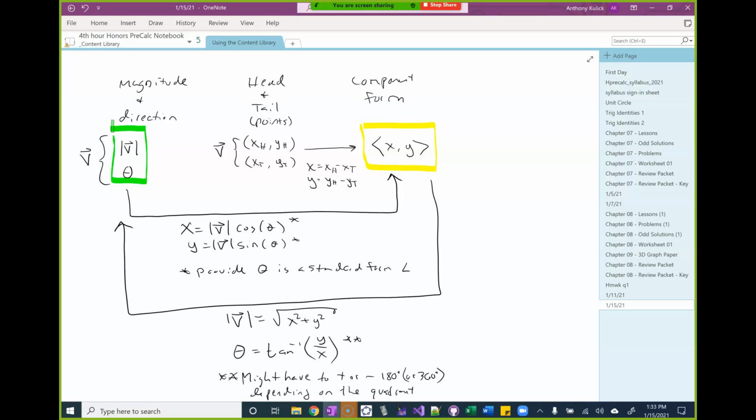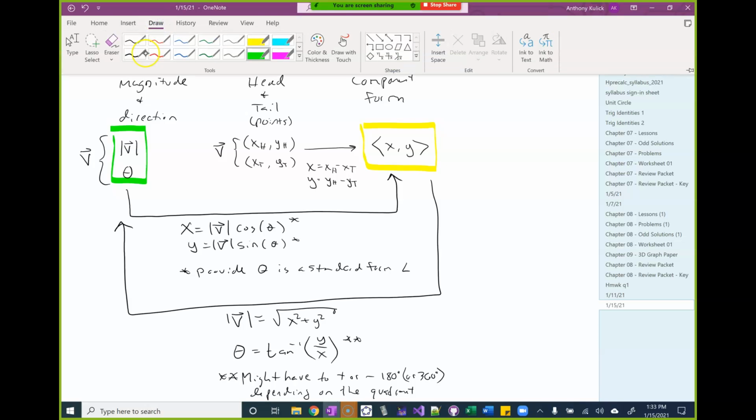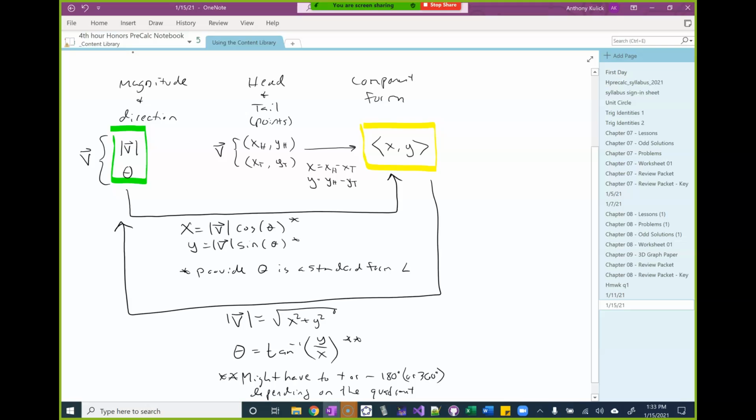So more often than not, the first step in any vector problem is going to get everything into component form. Then we can manipulate things in component form. And then we can change it back into a magnitude and direction at the end to represent our answer.